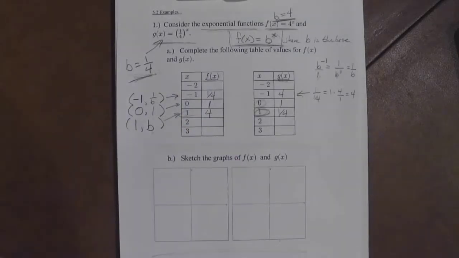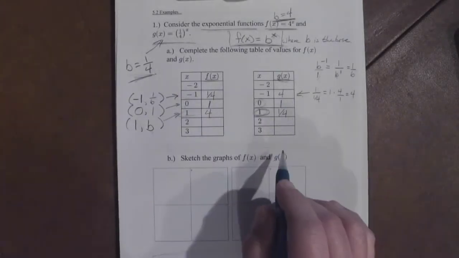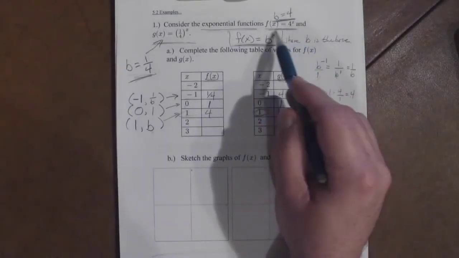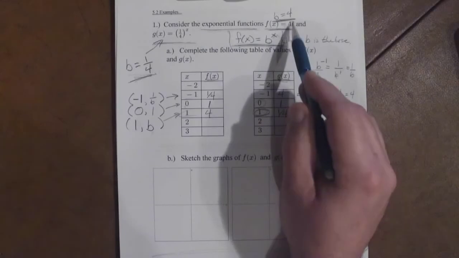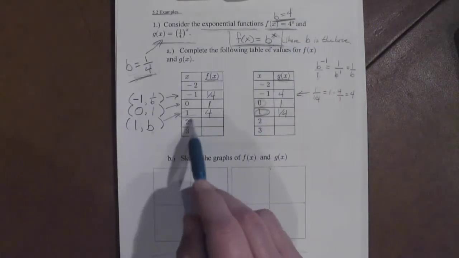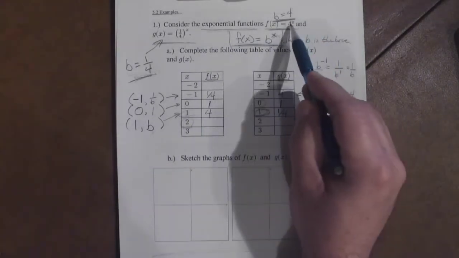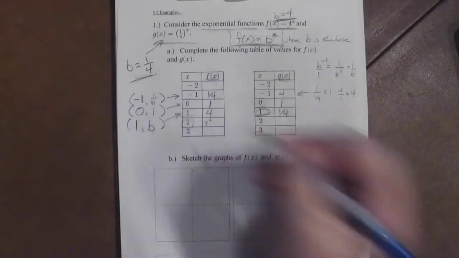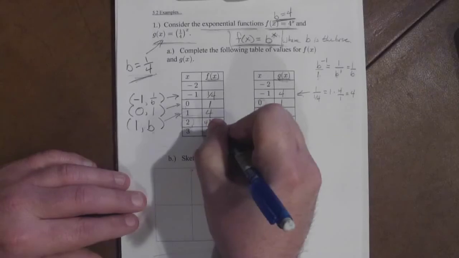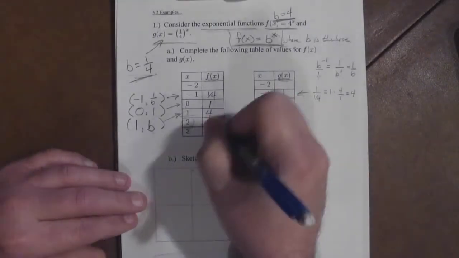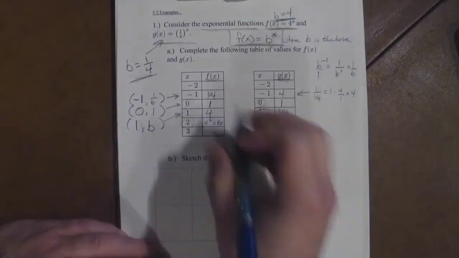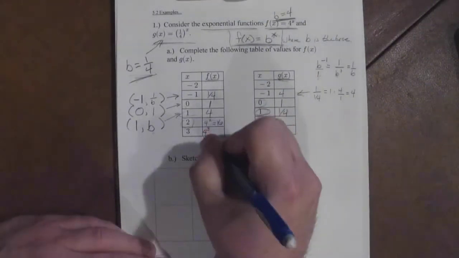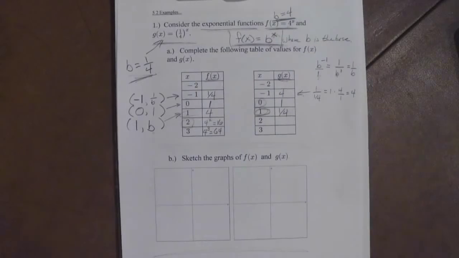Right? If we continue filling in this table then, we might say in the case of f being 4 to the x, what would be our output if x is 2 in value? If I have 4 to the second power, well, recall 4 to the second power is equal to 16 in value. And if I consider that value at 4 to the third power, that would be equal to 64 in value.